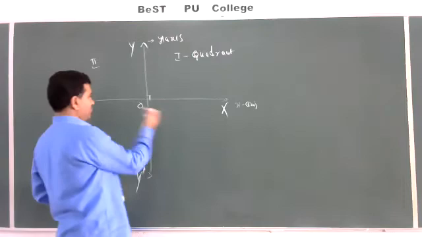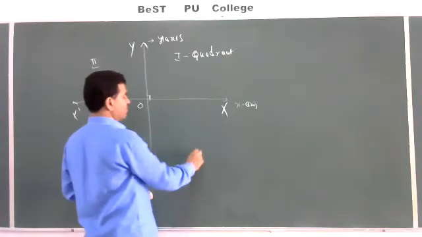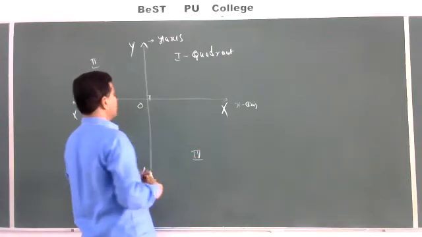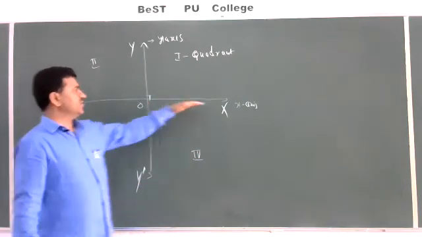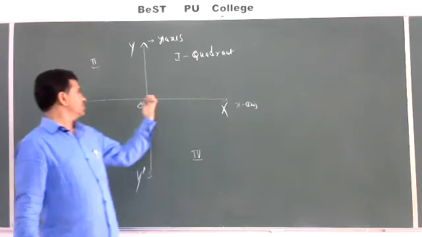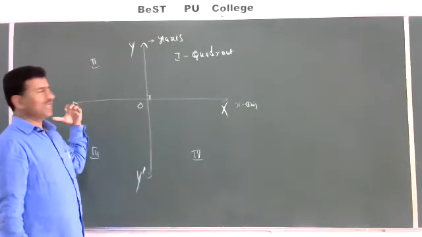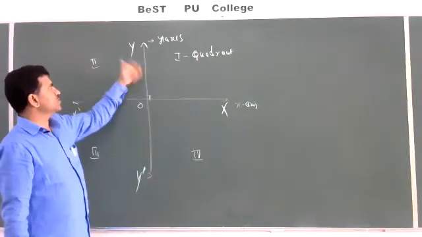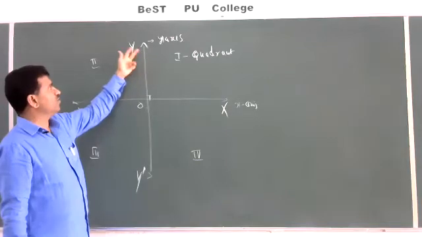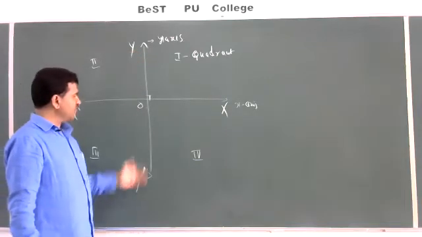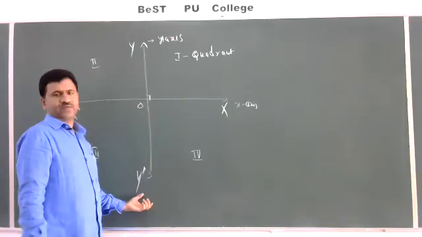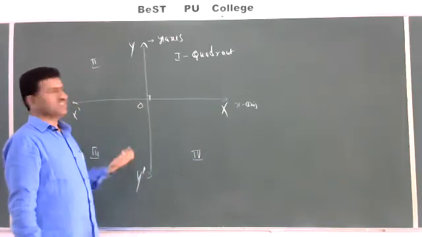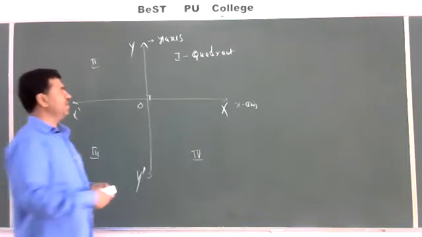And the XOY dash region is called the fourth quadrant. And the origin. Next, the positive side of the x-axis OX, the negative side of the x-axis OX dash, the positive side of the y-axis upwards OY, and the negative side of the y-axis below this, downwards OY dash. These are the 9 regions in this diagram, and we defined the point.